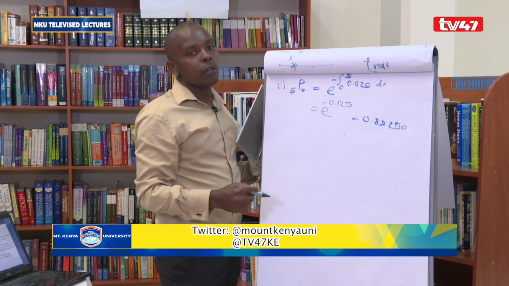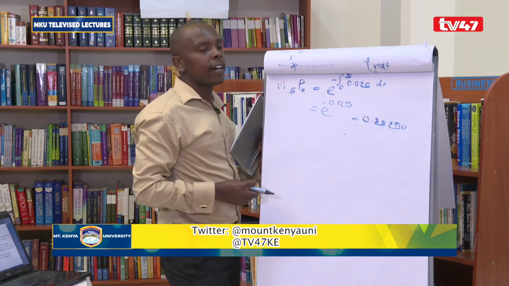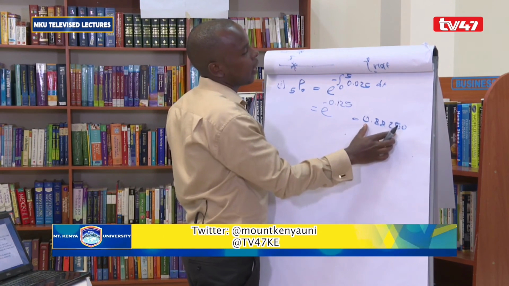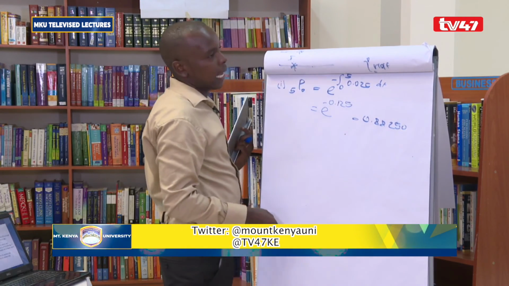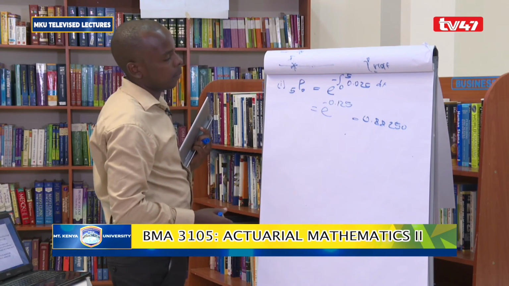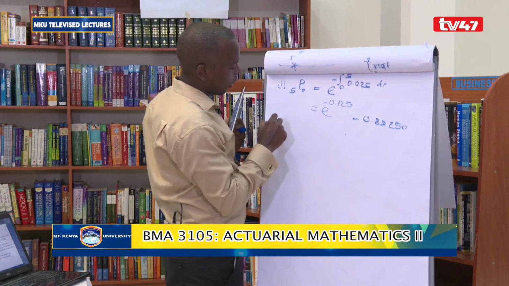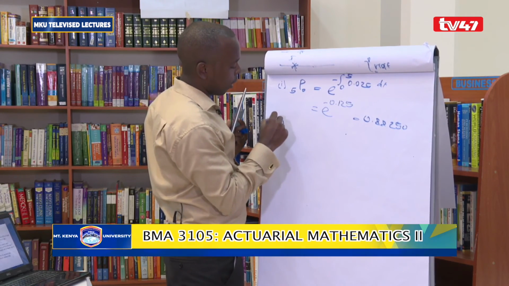So note that the rules of probability will always hold. Whenever you find that the value that you get here is less than 0 or greater than 1, then you should know that you don't have the correct value.